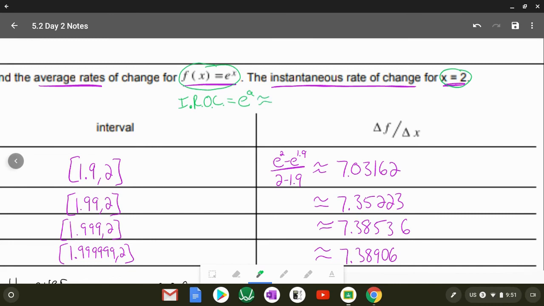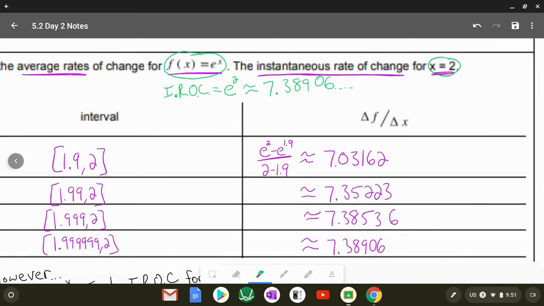So if we type in e to the 2, you're going to get approximately 7.38906, and so on. Well, look at this. The nice thing is, we just proved by making our interval super narrow, it didn't match on the first one, right? But as we made that interval a lot more narrow, we proved that this property does work for that special case. Okay.